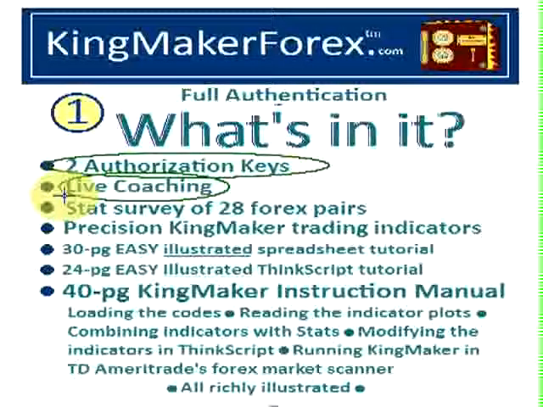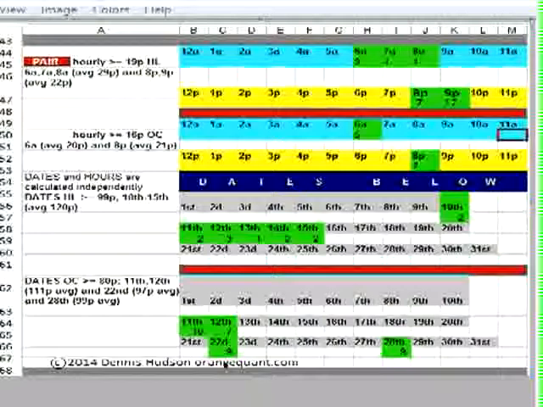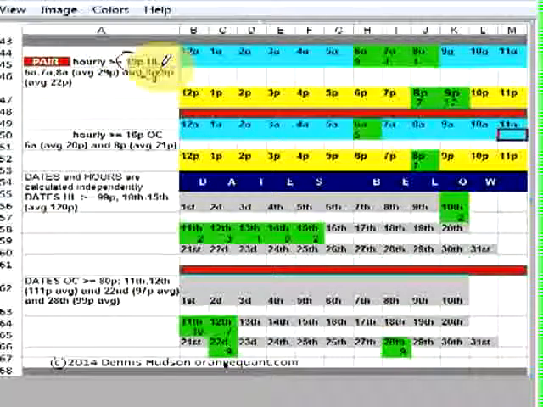And you get a statistical survey of 28 Forex pairs drawn from a month of hourly data during 2014 and about 2 years of data going back to 2012 on the daily analysis. And that looks like this. I've deleted the name of the pair here. What we were searching for was a minimum of 19 pips that I'm circling right there.